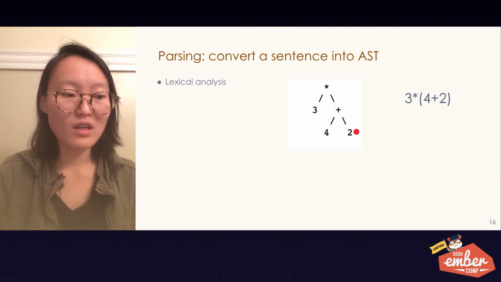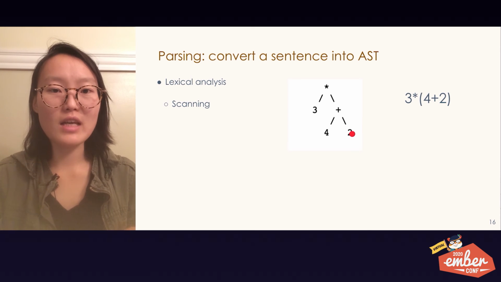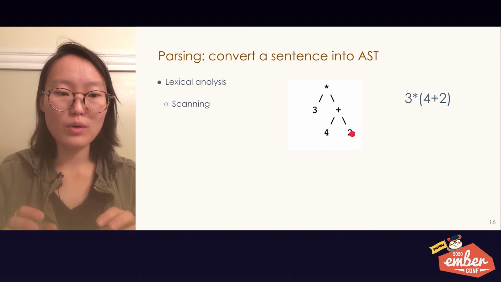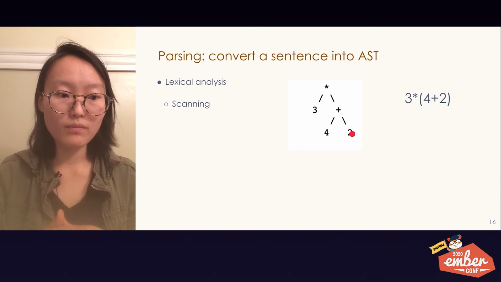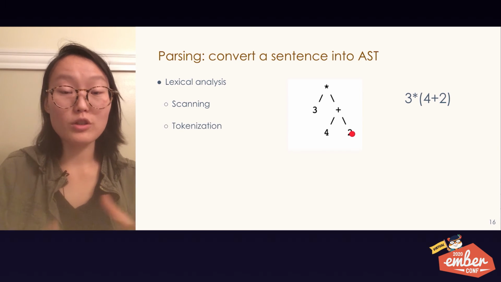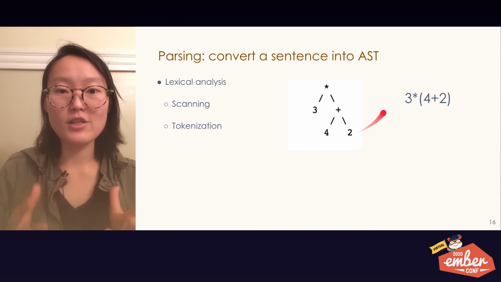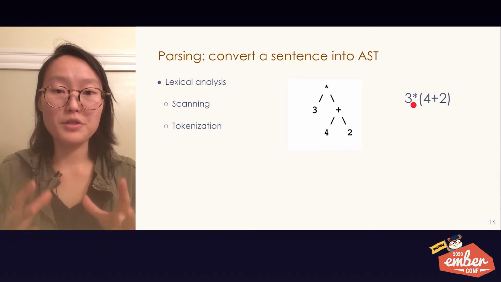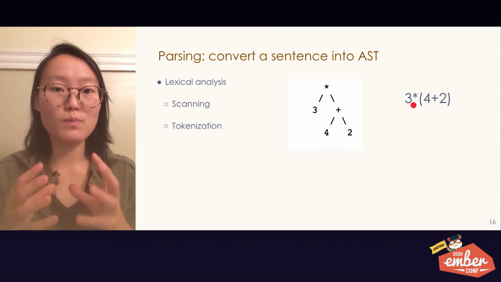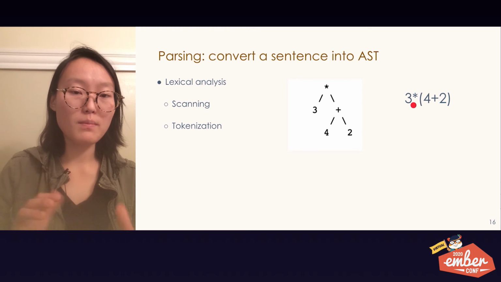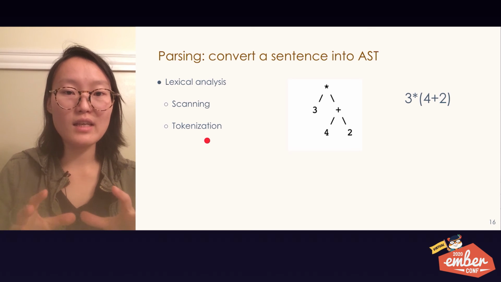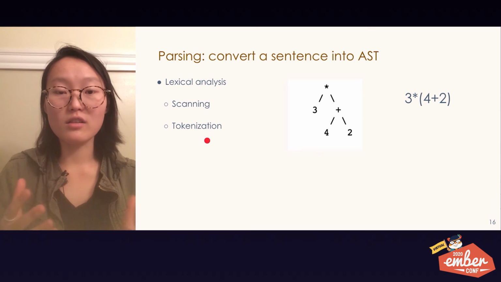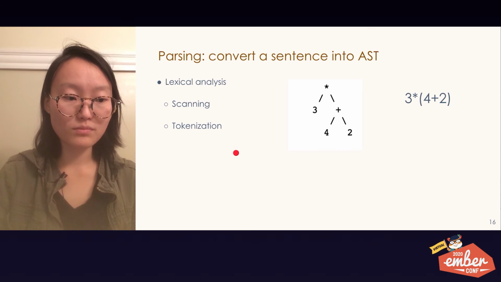That's the scanning step. After you finish reading it, you have to find a way to break this statement down. That's what tokenization does. Tokenization breaks this particular expression down into smaller chunks, such as 3, 4, and 2. This whole process of scanning and tokenization is called lexical analysis.